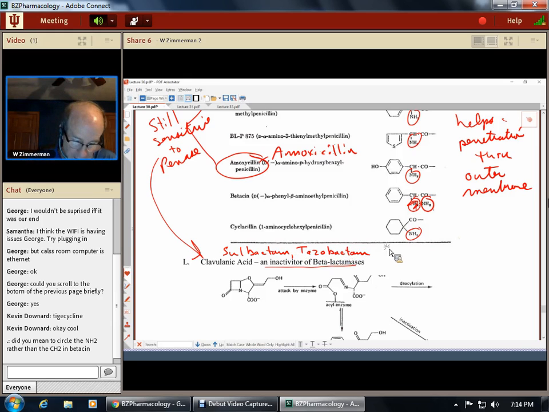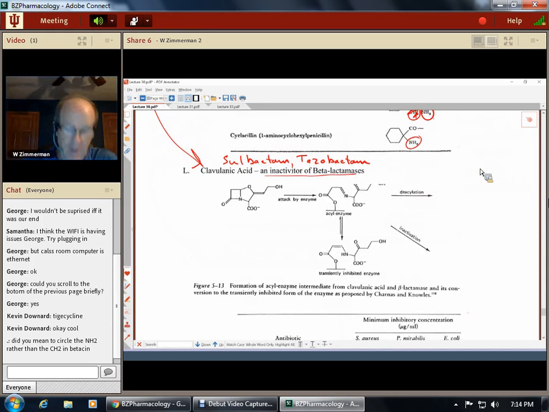And clavulanic acid, the example I've shown here, it's actually an antibiotic. You look at that, it's a beta-lactam ring. And I really don't care about this process over here on the right, but look at what's happening. This enzyme, the penicillinase in this case, has a covalent binding.